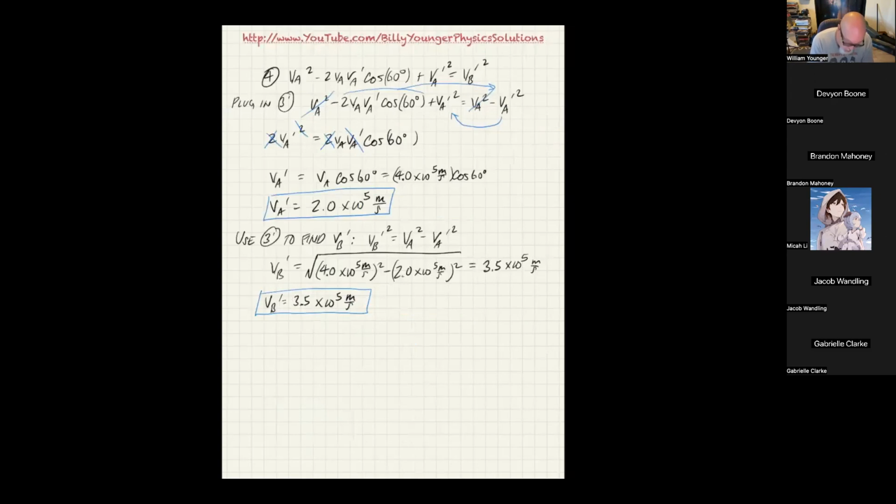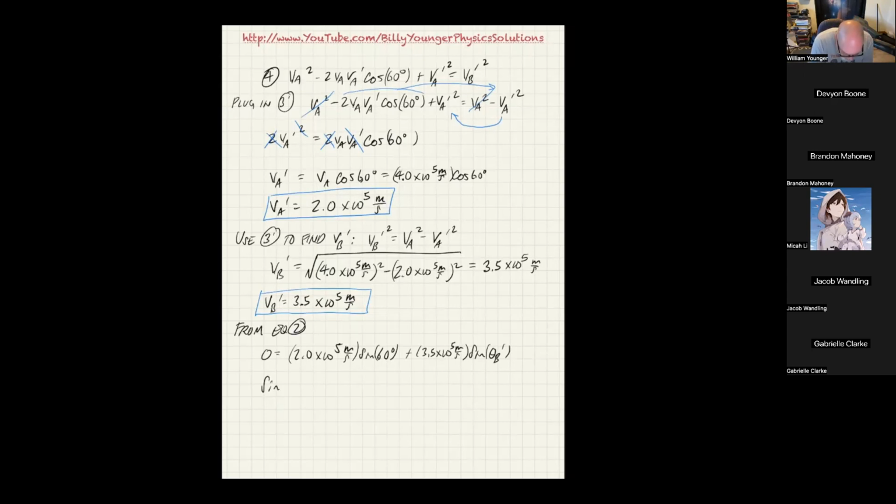From equation 2, we'll have 0 is equal to VA prime, which we found was 2.0 times 10 to the 5th meters per second, times the sine of 60 degrees, plus VB prime, which we found was 3.5 times 10 to the 5th meters per second, times the sine of theta B prime.